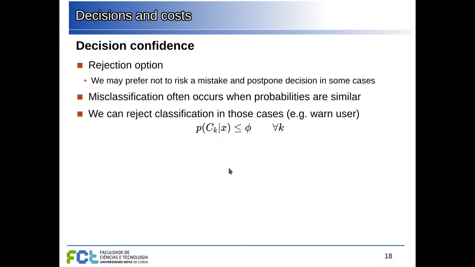So we may want to postpone the decision until we are more certain of what we are doing. And in that case, we can try to reject the whole classification when we see that there is not much certainty in what our classifier is doing. So, for example, we can reject classification if the probability of getting the classification correct is below some threshold.